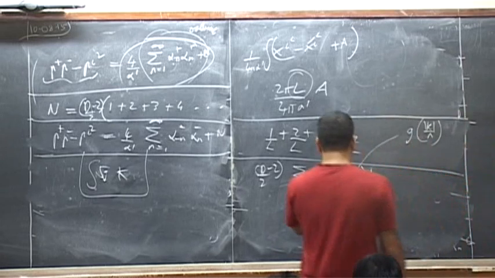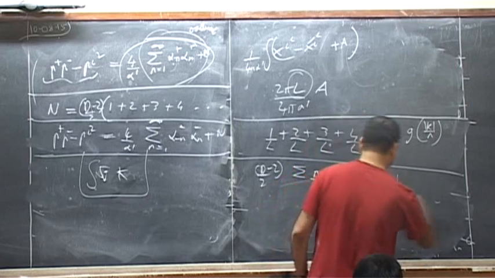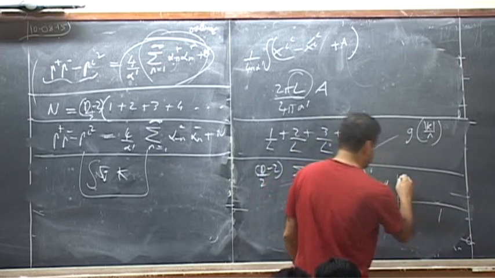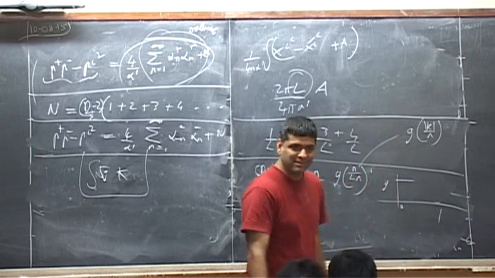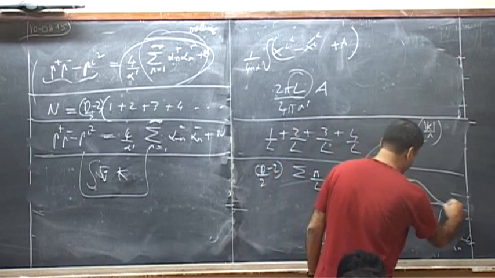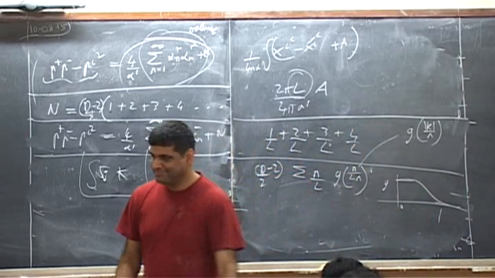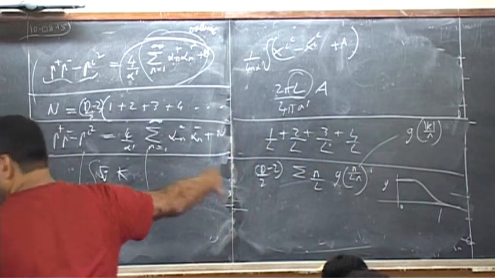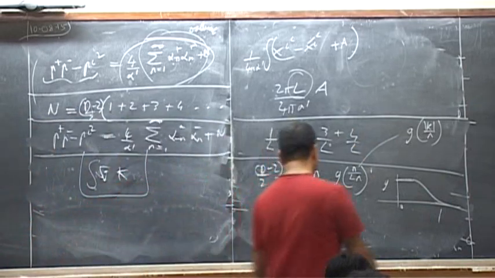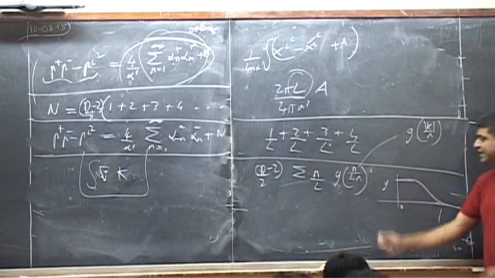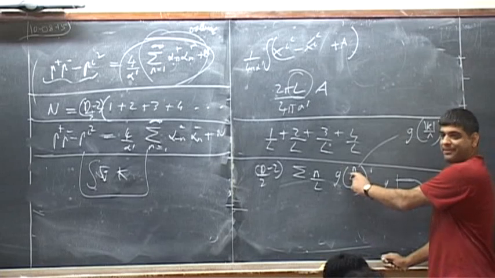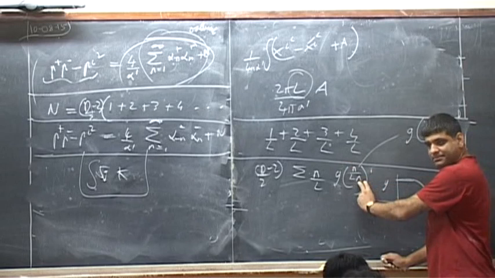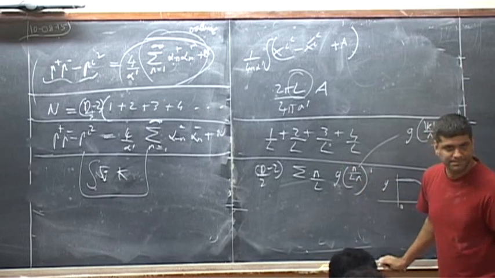Here g is a function such that g of 0 is 1, and then it smoothly decays away as you go off. You see that this is a regulator because only those momenta that are small compared to lambda will contribute.